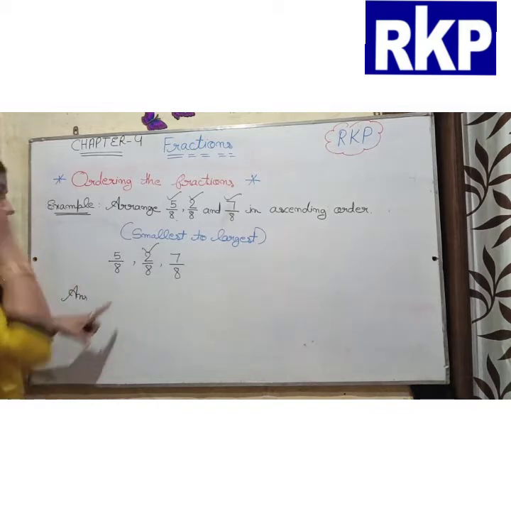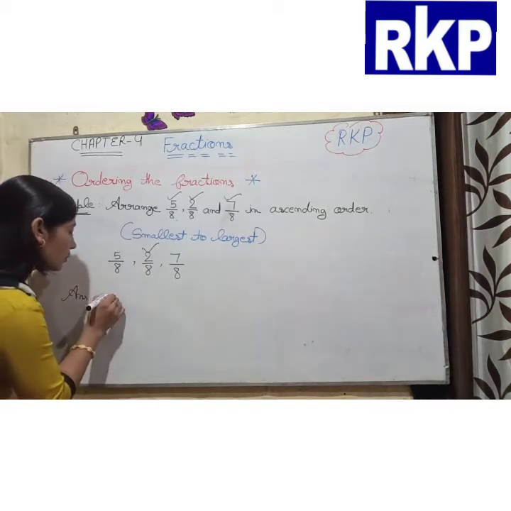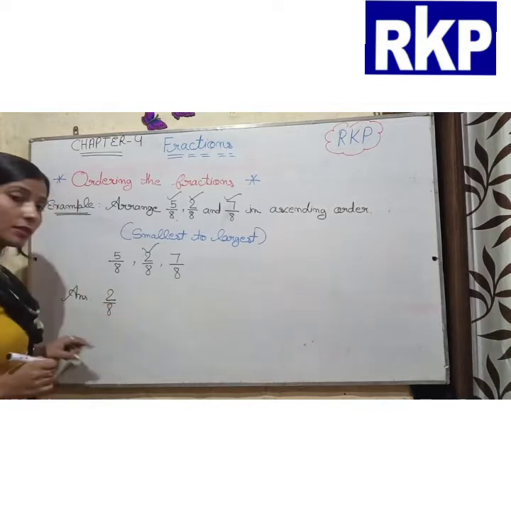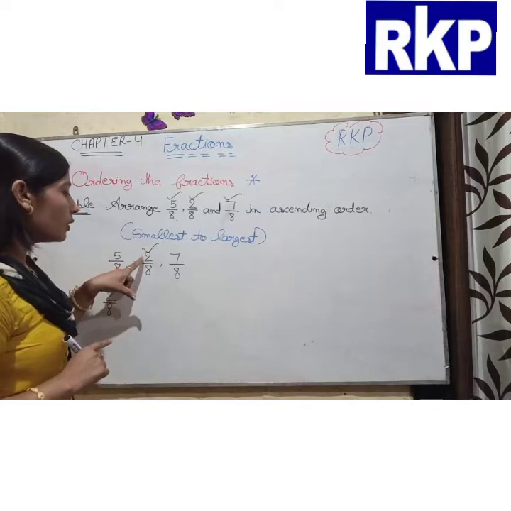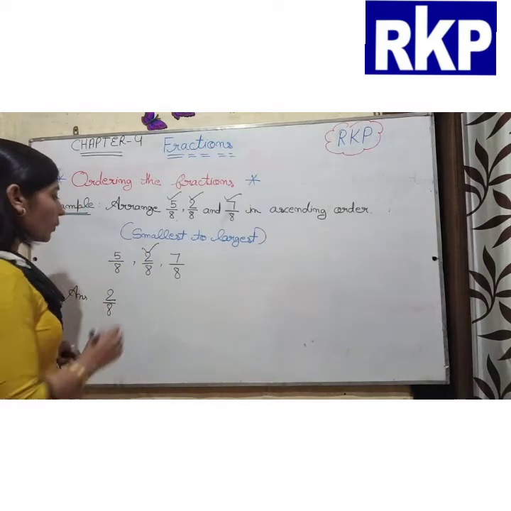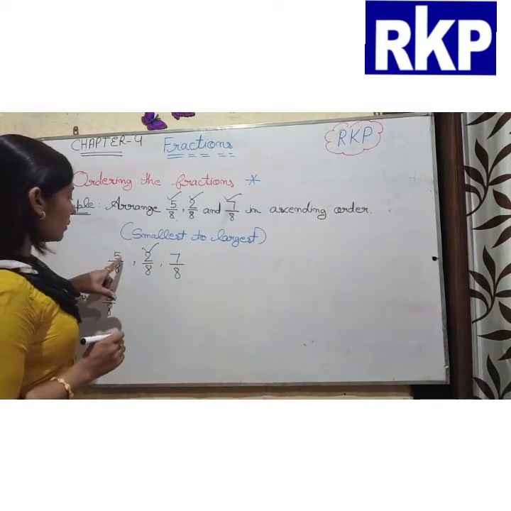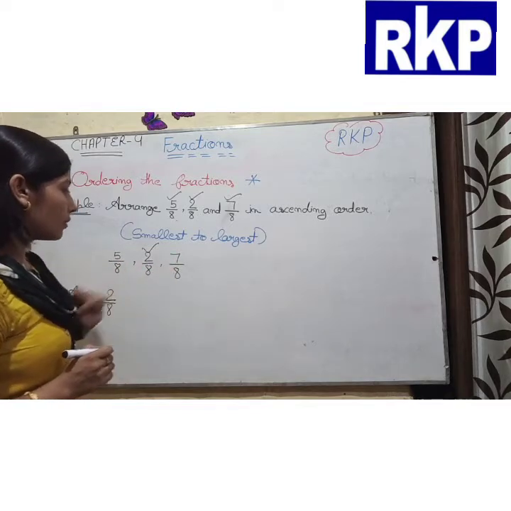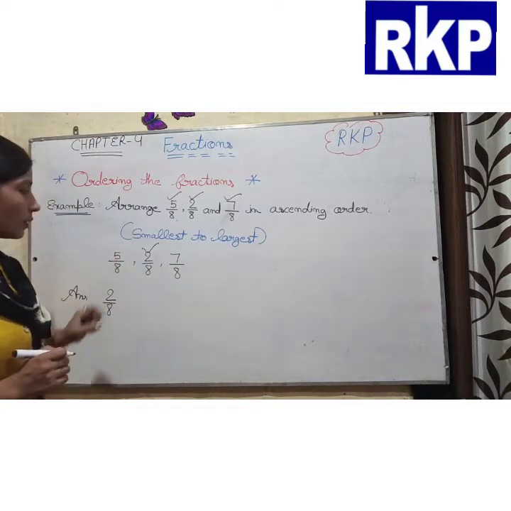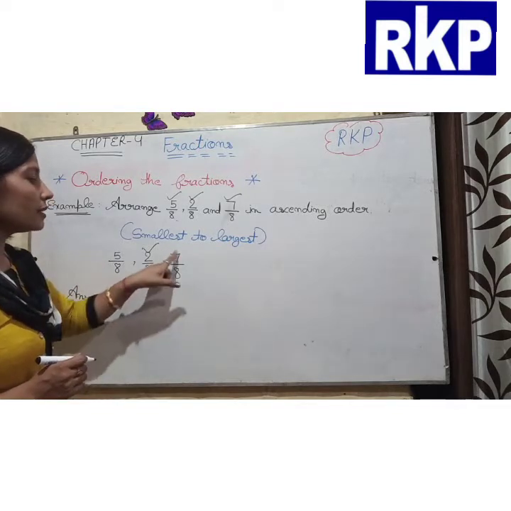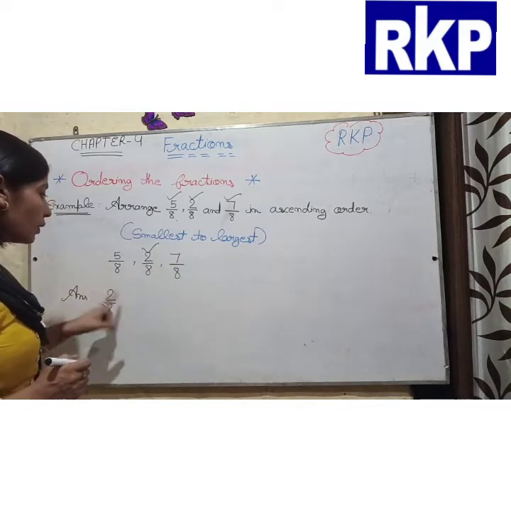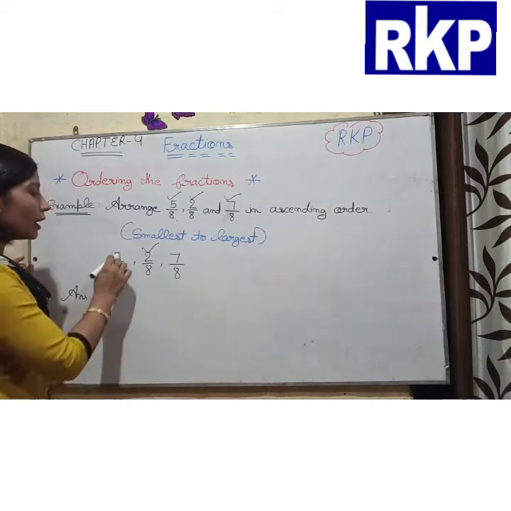So first of all we have to write 2 by 8, because here 2 is the smallest numerator. Now between 5 and 7, 5 is smaller, so 5 by 8 is smaller than 7 by 8. So now we have to write 5 by 8.